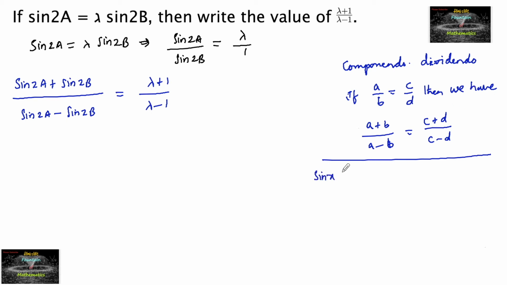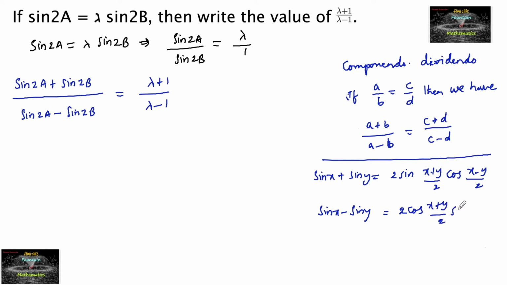So we have sin x plus sin y is equal to 2 sin of (x plus y) by 2 into cos of (x minus y) by 2, and the denominator is in the form of sin x minus sin y, so we have 2 cos of (x plus y) by 2 into sin of (x minus y) by 2.